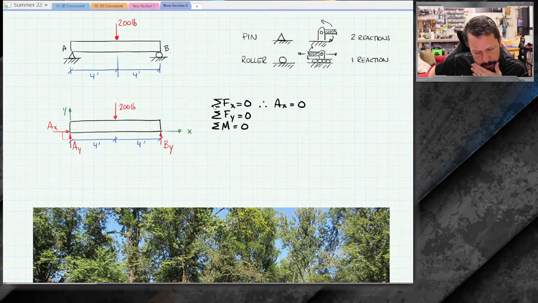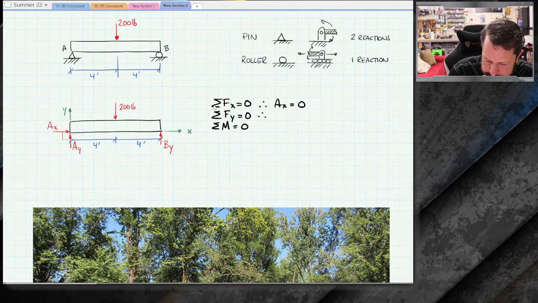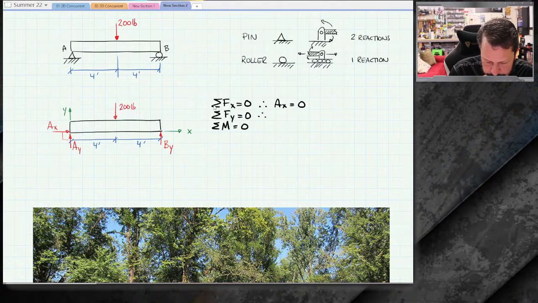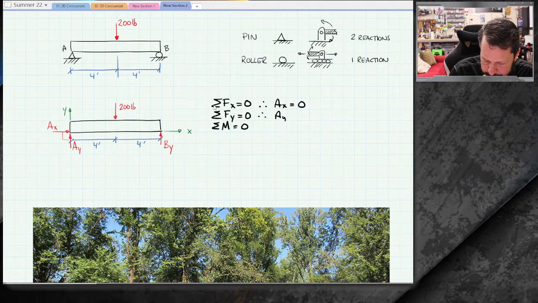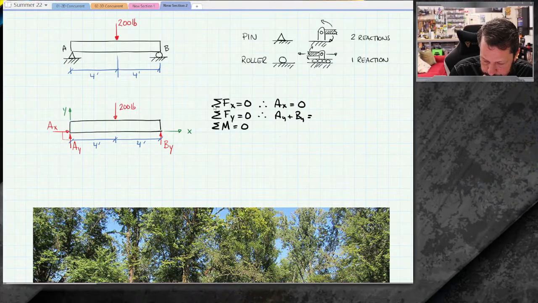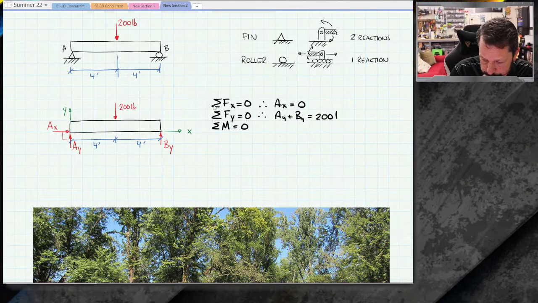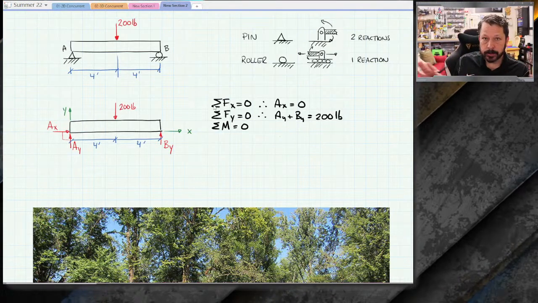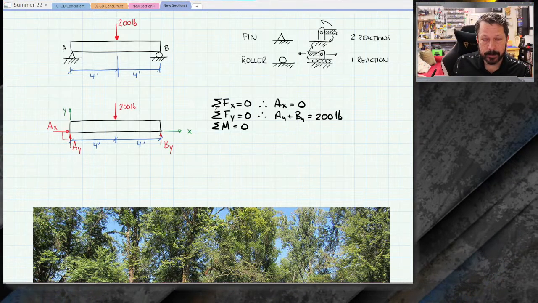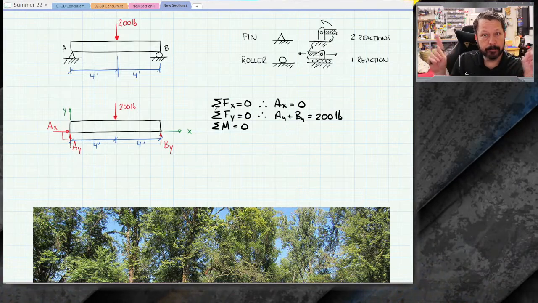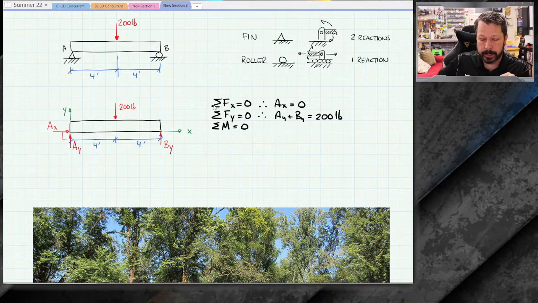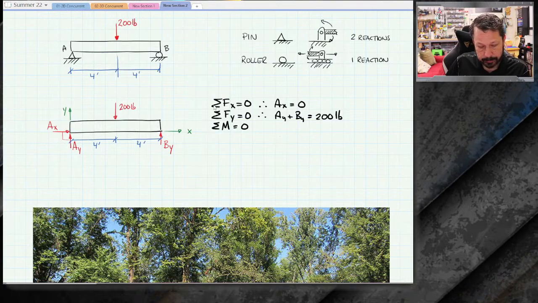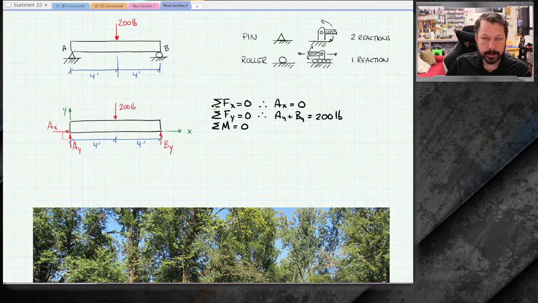I can look at the y equation and say, well, I don't know the values, but I do know that AY plus BY must equal 200 pounds because there's 200 pounds going down. I totally picked the direction for AY and BY as going up. That might not be true, but that's the direction I picked. So according to my diagram, they have to add to 200.